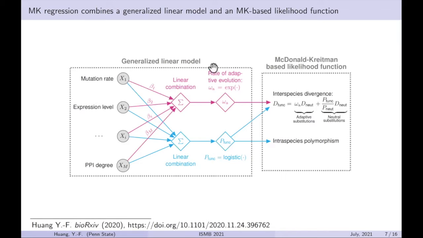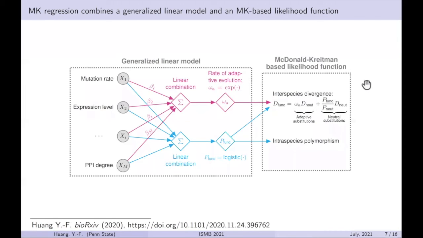And I send the omega A, the rate of adaptive evolution here, with some other parameters to an MK-based likelihood function. This allows us to infer regression coefficients here by maximizing a likelihood function. So that's the basic idea of the MK regression. It's a combination of GRM and MK with likelihood function.